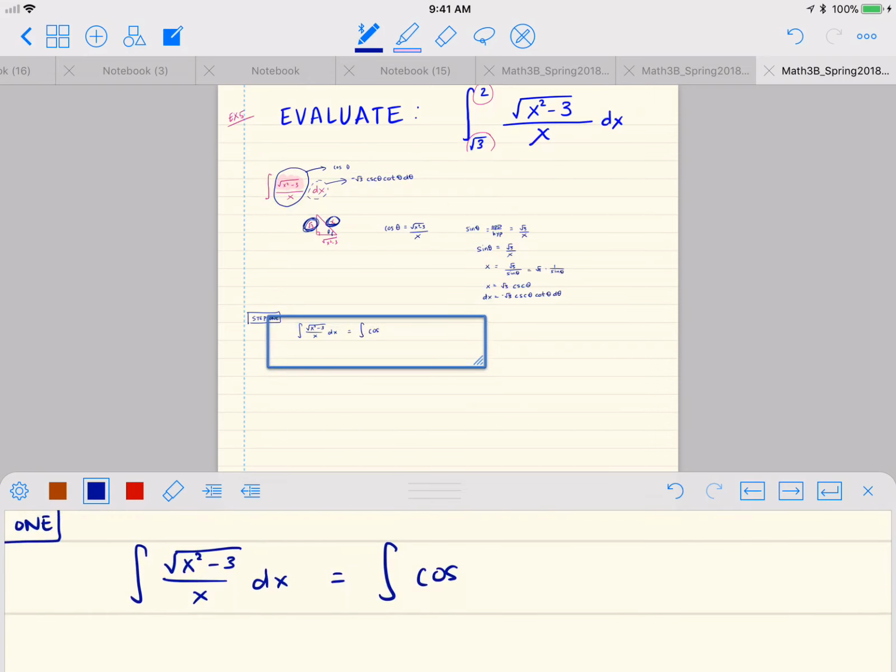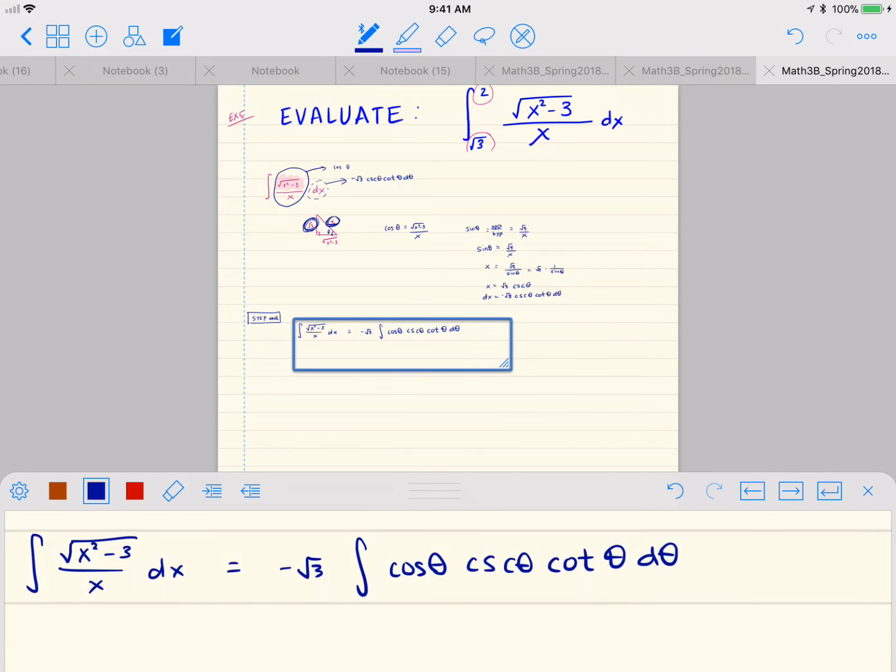I can put the negative root 3 on the outside: negative root 3 integral of cosine theta, and then I need cosecant theta, cotangent theta, d theta.